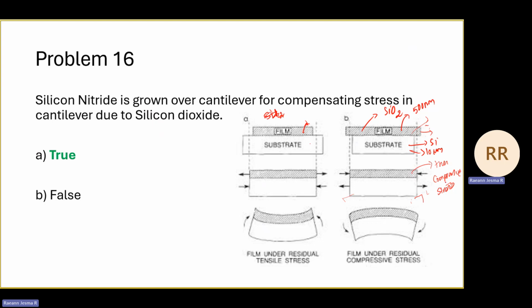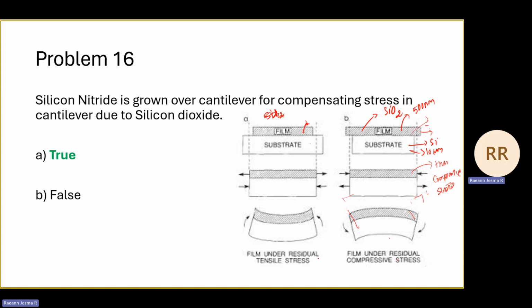If you have an elastic material and you compress it, once you release it, the material will try to expand. That is what is happening here as well. The SiO2 will try to expand, but the silicon is not expanding at the same rate, so the cantilevers will bend like this. This is how a structure behaves with residual compressive stress.